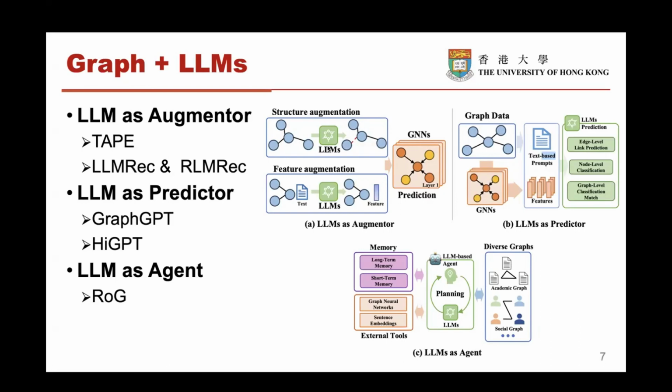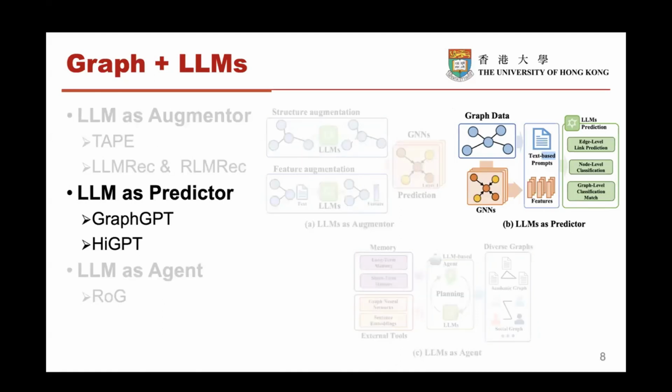LLM as predictor models directly use LLMs to perform various downstream graph learning tasks such as node classification and link prediction. And in LLM as agent approaches, the designed agent retrieves information and plans to solve various graph-related tasks automatically.